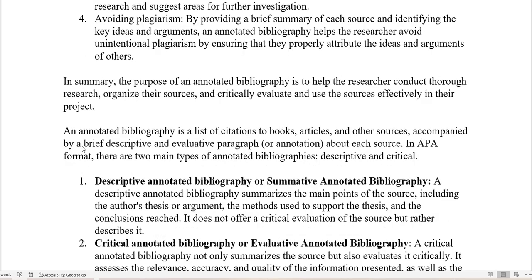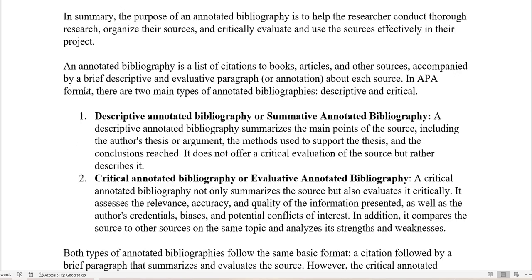And so there are many different kinds of annotated bibliography. An annotated bibliography is a list of citations to books, articles, and other sources, accompanied by a brief descriptive and evaluative paragraph or annotation about each source. In APA format, there are two main types of annotated bibliography: descriptive annotated bibliography, also known as a summative annotated bibliography.